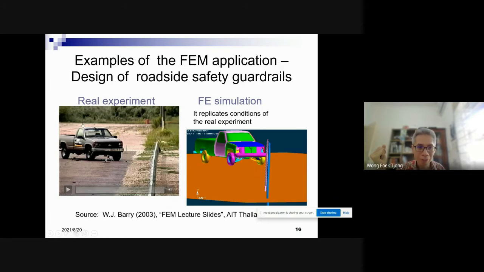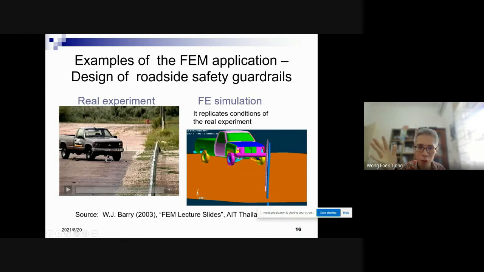But of course it cannot be too weak. If we have a very thin profile, too weak, what happened? The guardrail is not effective, right? If a big car hits the guardrail, maybe the guardrail will just break, and the car moves over here, so it has no effect.